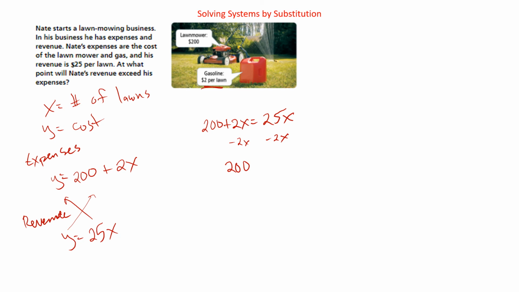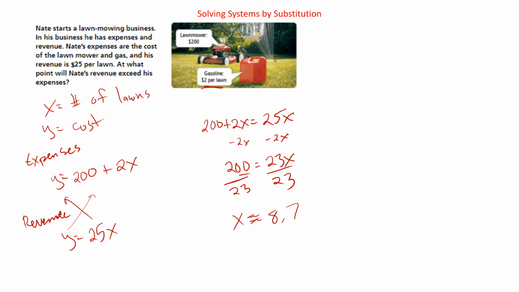So we get 200 equals 23x. And then we're going to divide both sides by 23 to get x equals 8.6956, so about 8.7-ish. That's going to be his break-even point at about 8.7 lawns.